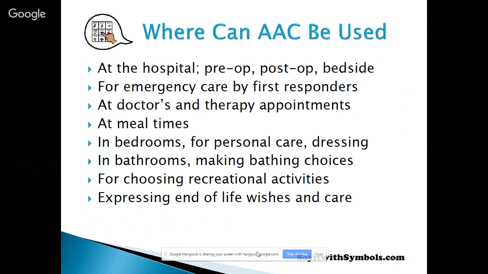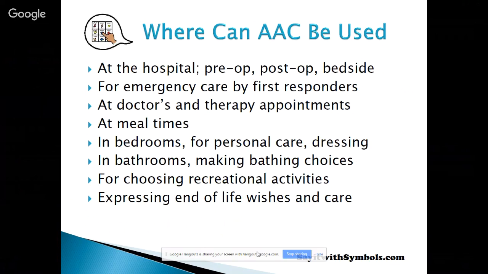And then there are a bunch of personal care items, such as mealtime choices in bedrooms, helping people make choices regarding their personal care, what they want to wear for the day, who they want to socialize with. In bathrooms, bathing can often be a challenging situation, so you can use choice boards to help make bathing choices.